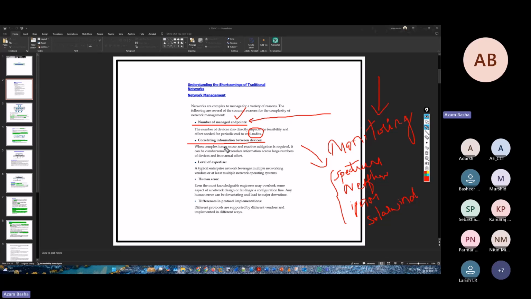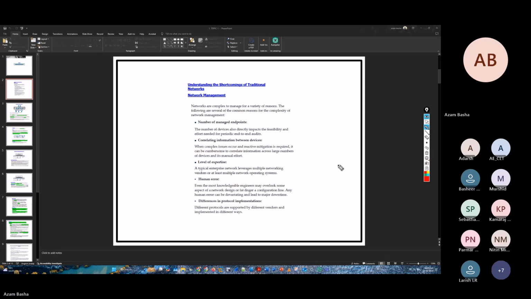So what is correlating information between devices? I am sure you will all have troubleshot the networks one day or another. So when you're troubleshooting, you have to swap between your network devices. You have to swap between your windows, right?